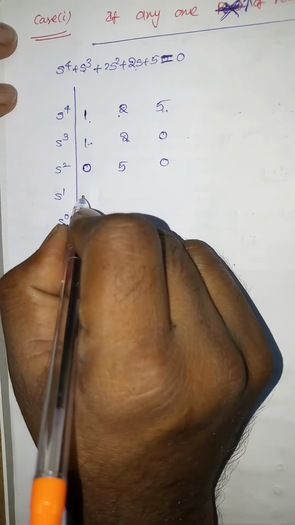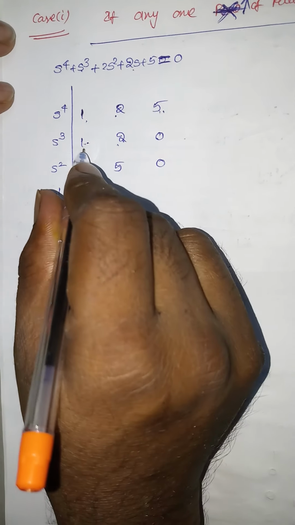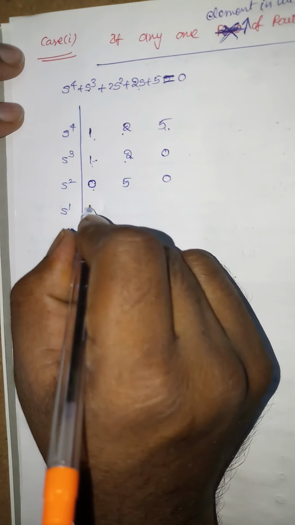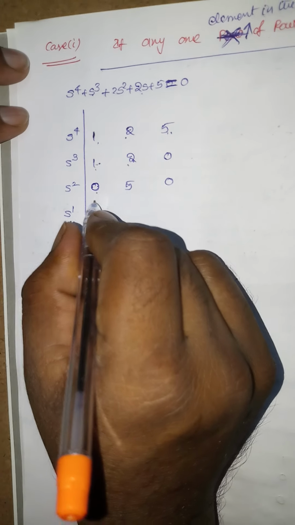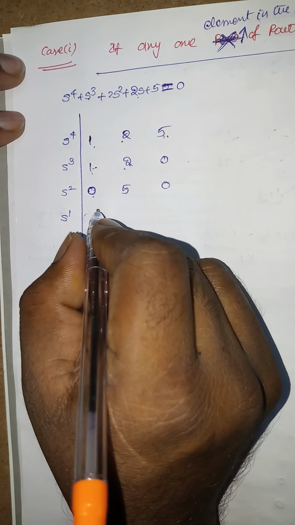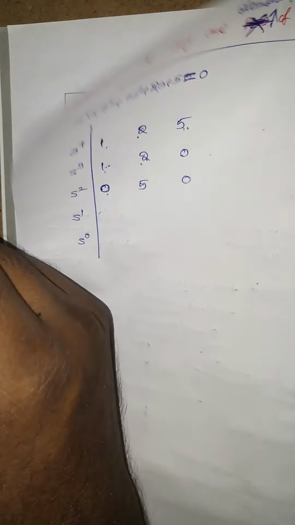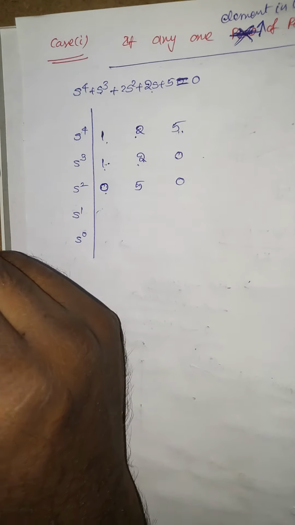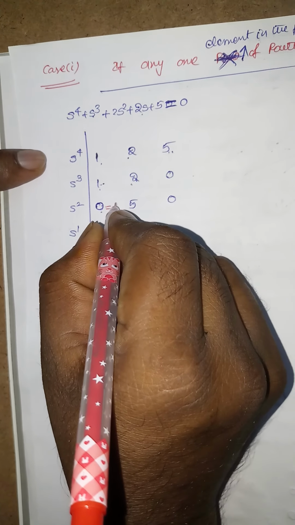Next, if I want to find this element, 0 into 2 minus 5 into 1 divided by 0. Anything divided by 0 gives infinity, so we cannot proceed from here itself. To solve this problem, there are two solutions. The first solution is, let us assume this 0 is equal to some x or some epsilon.